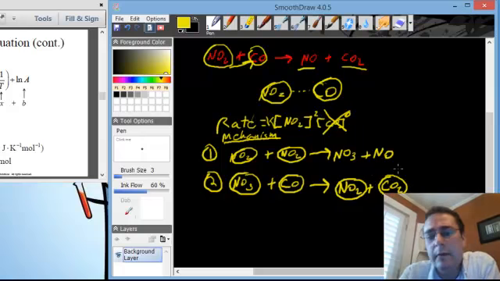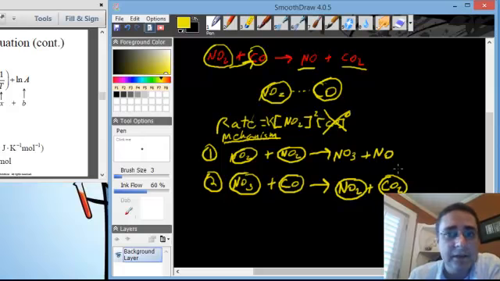Now, I want you to notice, if we're thinking of this in terms of first this and then that, like a series of linear events, then the NO3 is being created and then it's being used. Hence why it does not appear in our overall equation, because it is not a reactant, it didn't exist in the first place, and it's not a product.